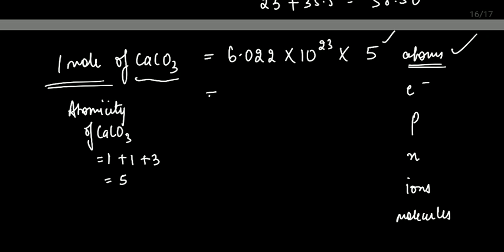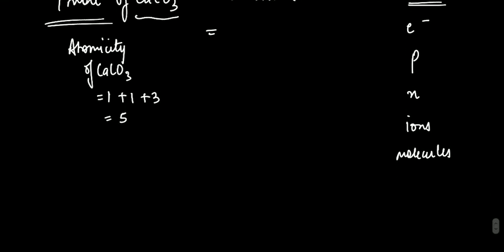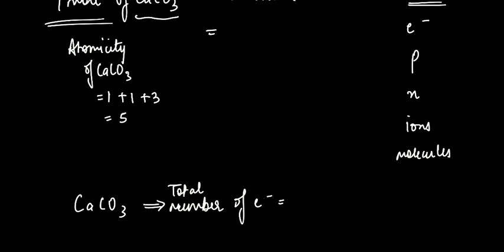Now the next step: how many electrons does calcium carbonate have? For this, we are going to approach differently. For the total number of electrons, always add the atomic numbers, because we are talking about neutral atoms.